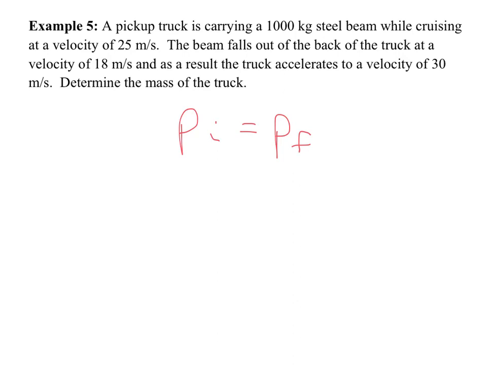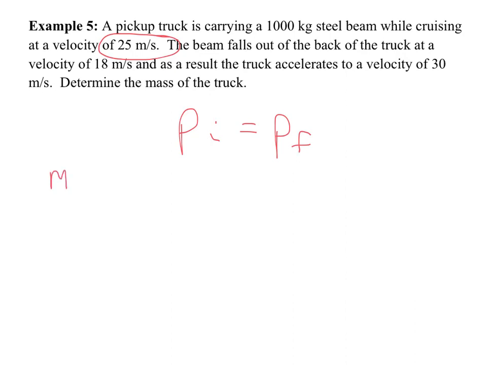But when they're moving together, what could you say? Their velocities are the same. So VI is the same for both the truck and the beam. It's 25. Again, here's your VI. It's 25. It's the same for both of them. They're moving as one entity. So beforehand, instead of writing this, please don't write this.